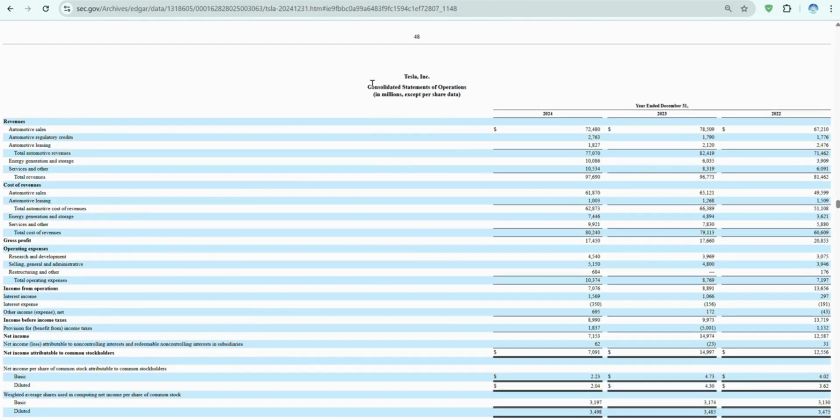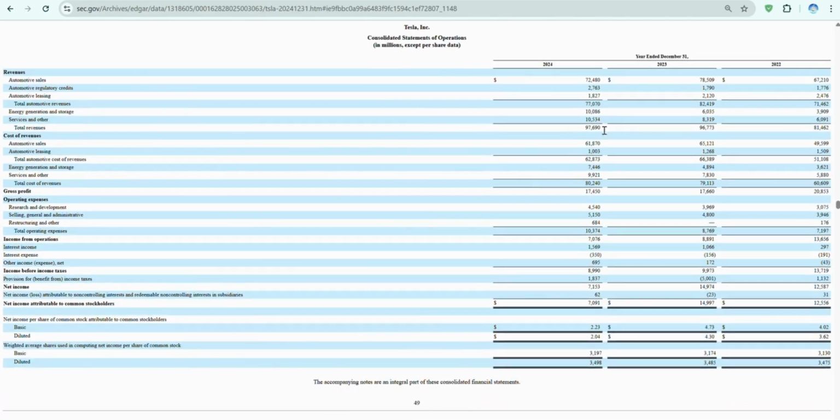Then we have the consolidated statements of operations, which just means the income statement. A few parts: total revenues saw a slight increase, nothing significant. Then we have the expenses.